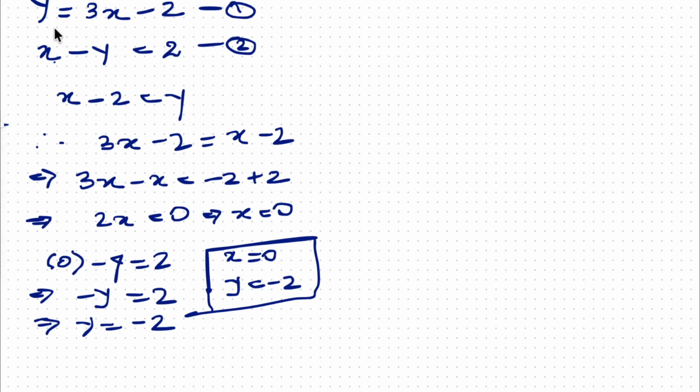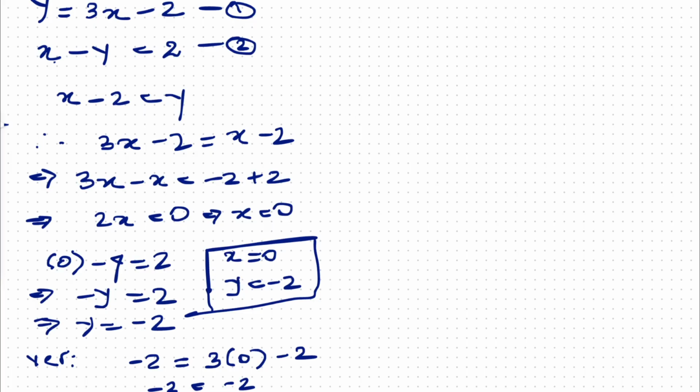So let's take y equals 3x minus 2, and let's put a verification out here. So negative 2, that's my value of y, equals 3 times my value of x, which is 0, minus 2. And I get negative 2 equals negative 2, and that's confirmation that my calculations were correct.